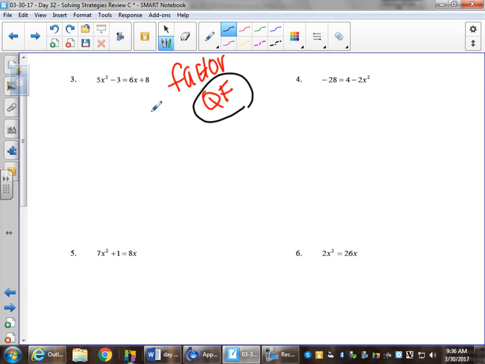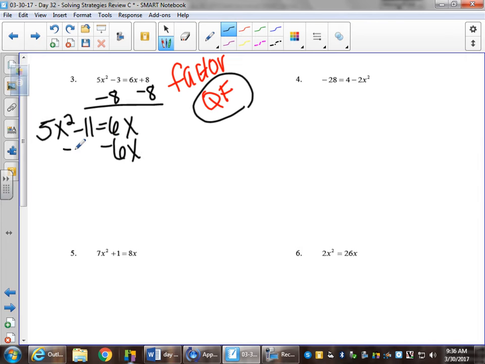We want to get all this information on one side. Okay. Sure. So then we're left with 5x squared minus 11 equals 6x. What's my next step, Josh? Negative 6x doesn't combine with anything, so we're just left with 5x squared minus 6x. Exactly.